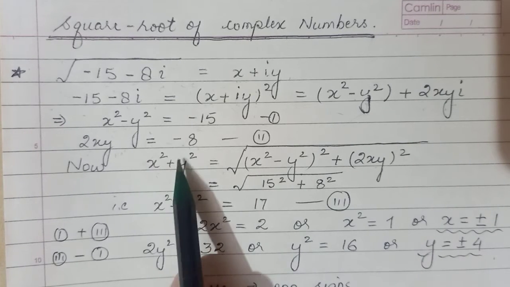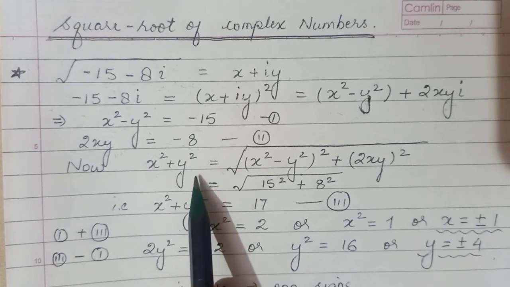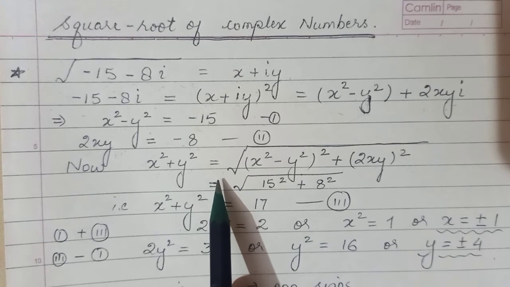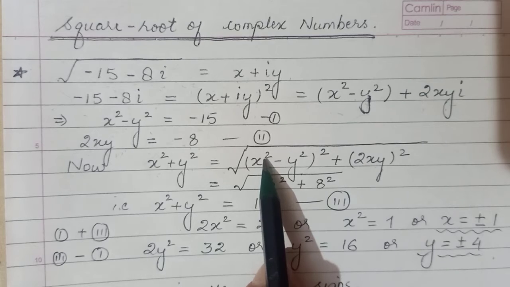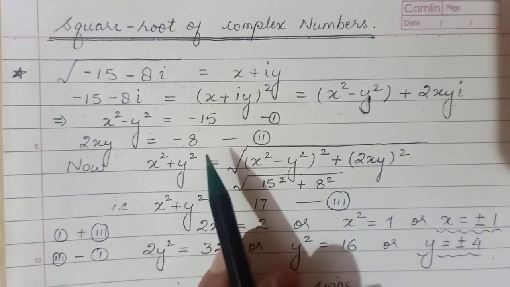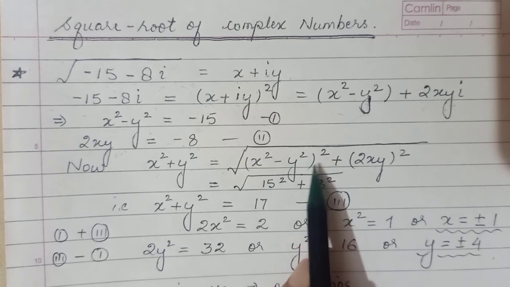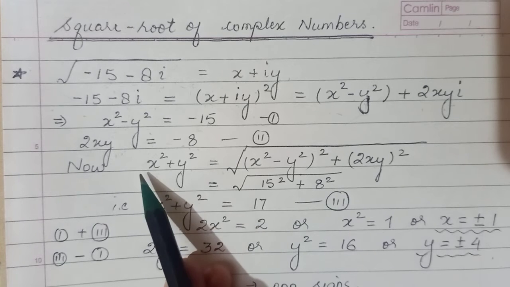If you find x square plus y square's whole square, that will have x to the power of 4 plus y to the power of 4 and plus 2x square y square. Now if you open the whole square here, x to the power of 4 is balanced, plus y to the power of 4 is balanced, and then you'll have minus 2x square y square here, but we wanted plus 2x square y square for this whole square.